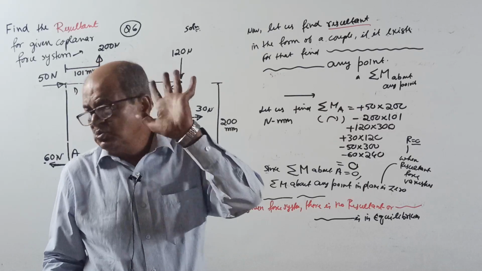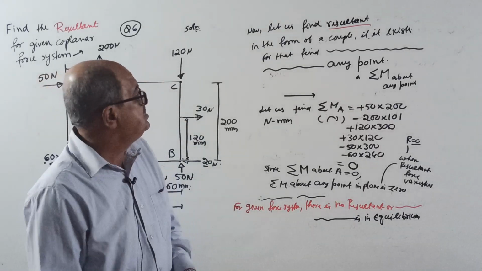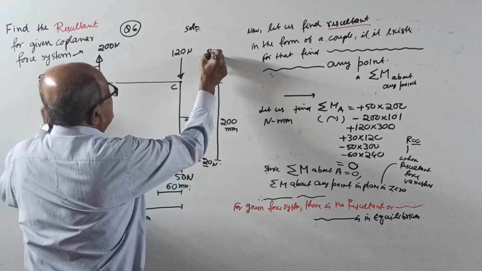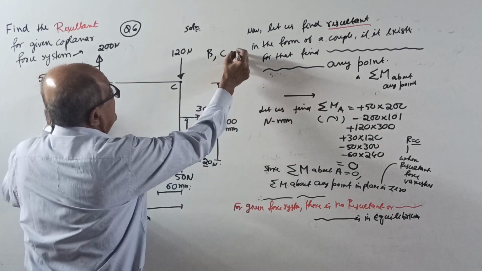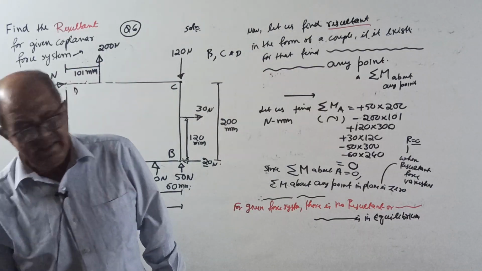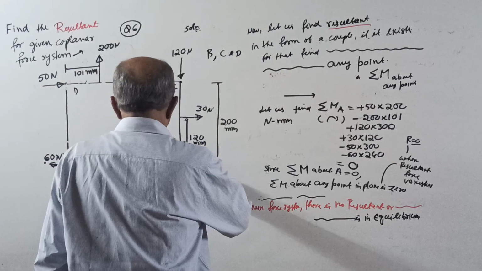Those who want to learn more, check the moment about B, C and D. An extra point is not required, but I will dictate briefly. If you check moment about B, see what happens.